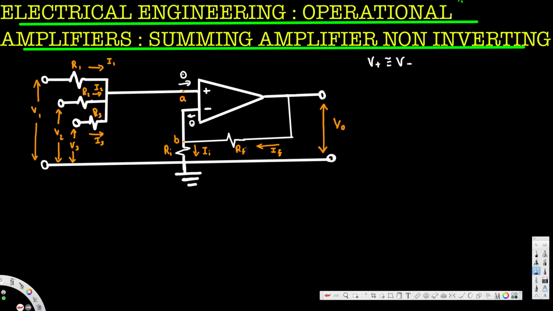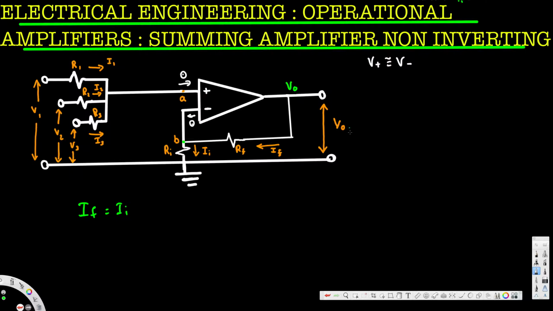Here we have IF and this is II, and the current entering or exiting this negative terminal is 0. So all the current entering this node should be exiting through this one, because if this is 0, then all the current entering this node should be exiting through this one. If we apply KCL at B, we can say IF is equal to II. Since the current is going in this direction, this is voltage out, right?